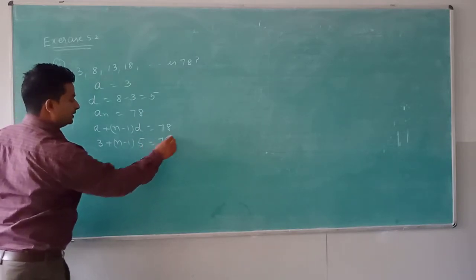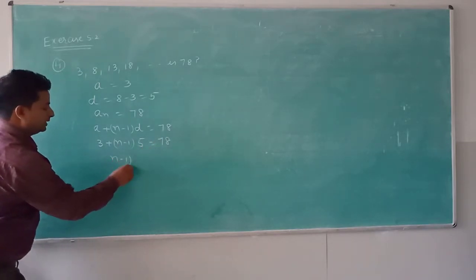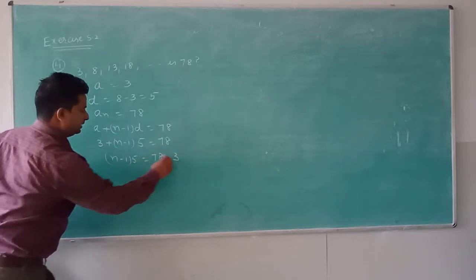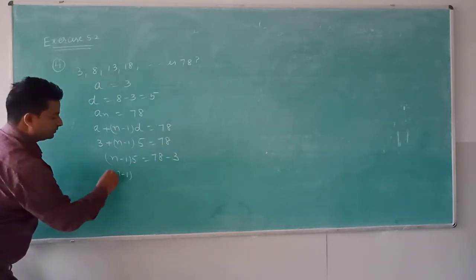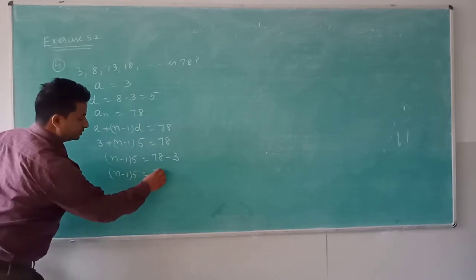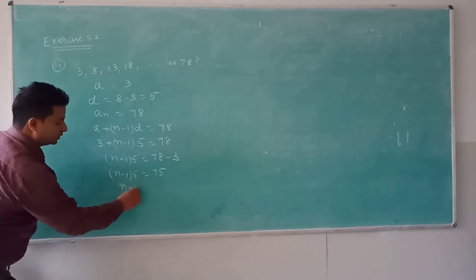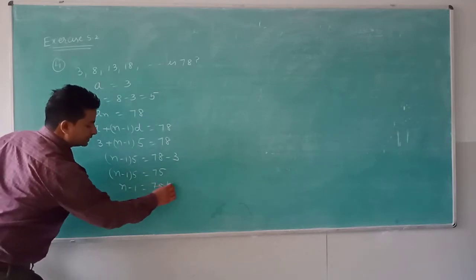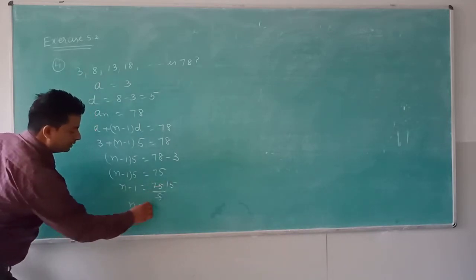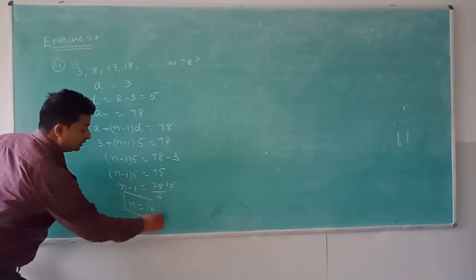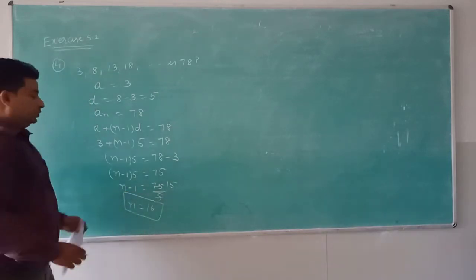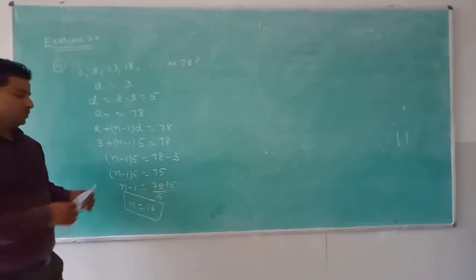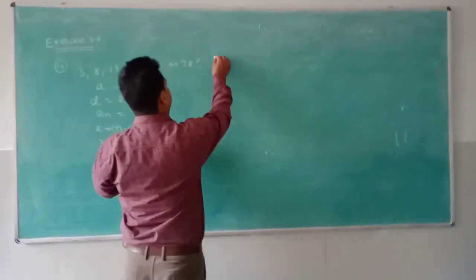So (n minus 1) into 5 is equal to 78 minus 3, which is 75. So n minus 1 is 75 upon 5, which is equal to 15. So n is 15 plus 1, which is 16. So 78 is the 16th term of this AP.